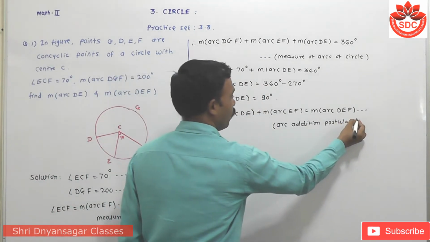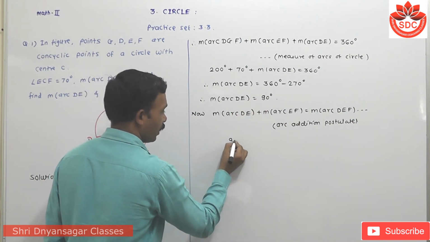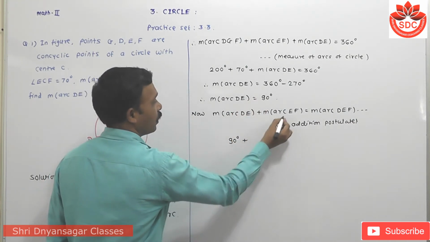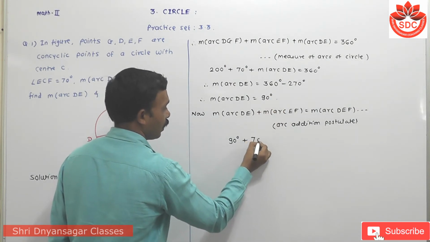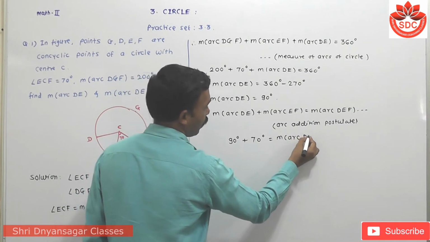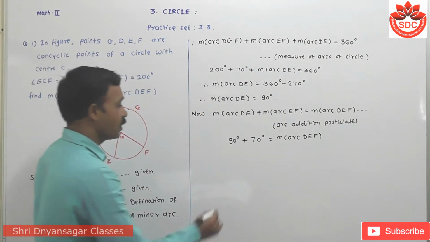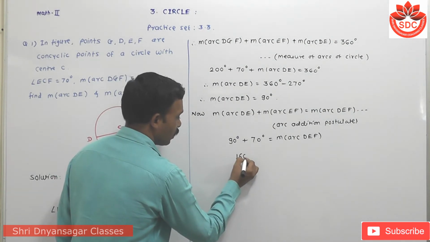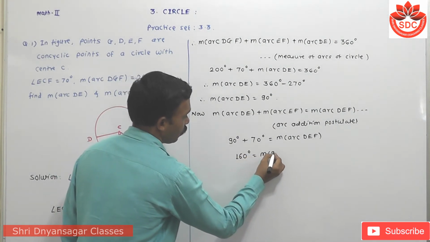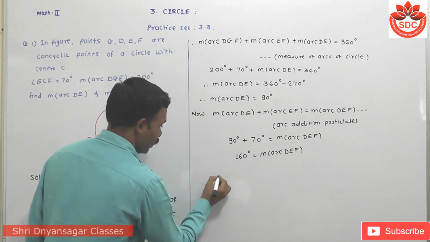Then substitute the values here. This measure of arc DE is 90 degrees plus this EF is 70 degrees is equal to measure of arc DEF. Addition becomes 160 degrees is equal to measure of arc DEF.